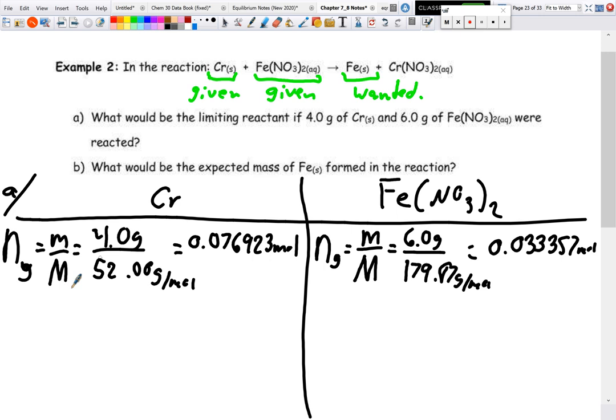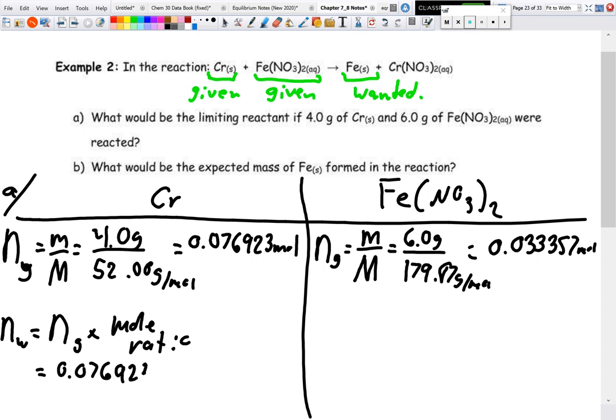So we go with our chromium, number of moles of our wanted is equal to number of moles of our given times our mole ratio. So that is equal to 0.076923 mole times our mole ratio. Wanted in front of iron is 1 over given in front of chromium, 1. And we get 0.076923.